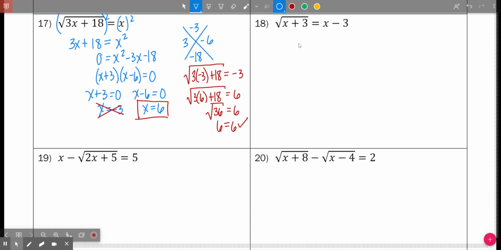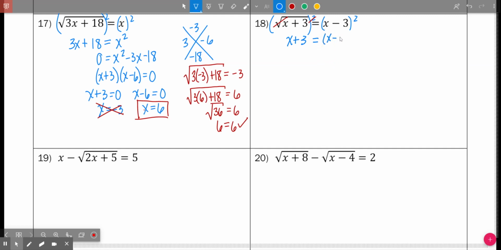Number 18 just takes it up to the next level. When I square both sides of this equation, I am squaring a binomial. On this side, my square root and square cancel each other out. I have x plus 3 equals... This is not x squared minus 9.